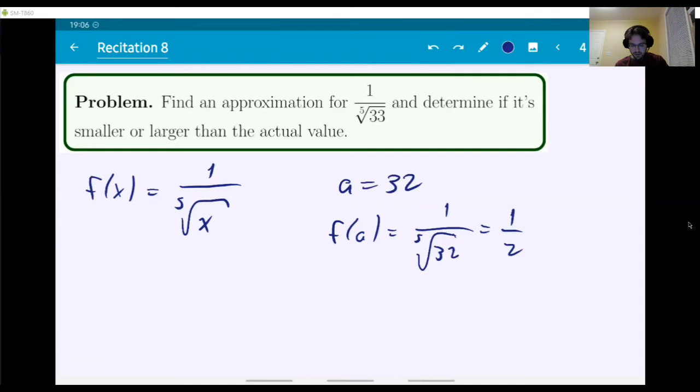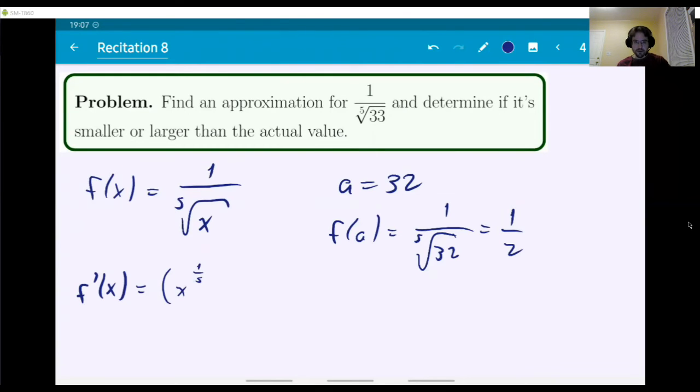Well, you know that you need f prime of a in that process, so you better find f prime first. What is f prime? How do we compute the derivative of this function? This is the function 1 over the 5th root. If you write that as x to the, it would not be 1/5, that is just the 5th root.